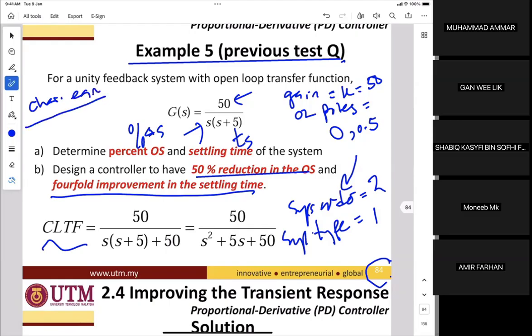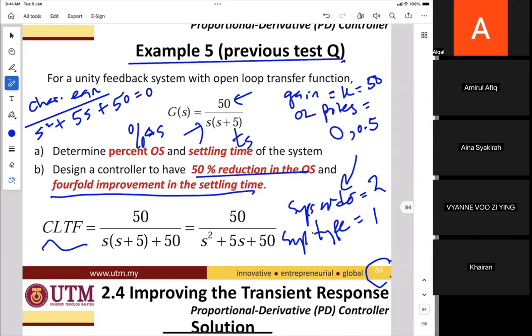what is the characteristic equation? Amirul Afiq, what is the characteristic equation? s square plus 5s plus 50, Doctor.